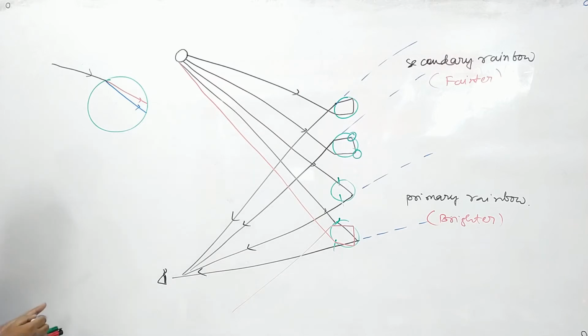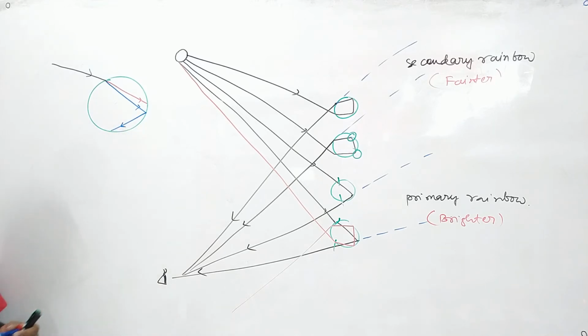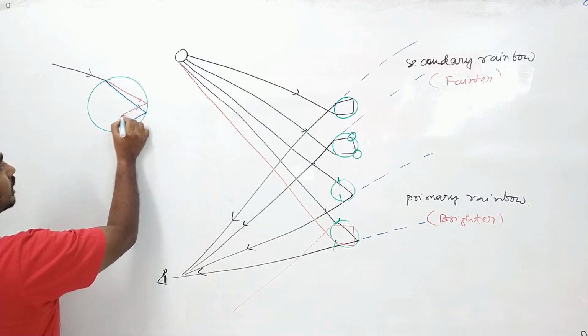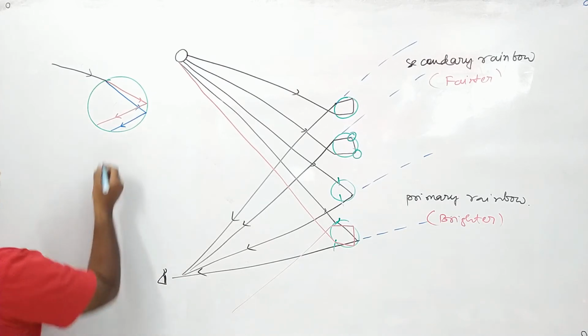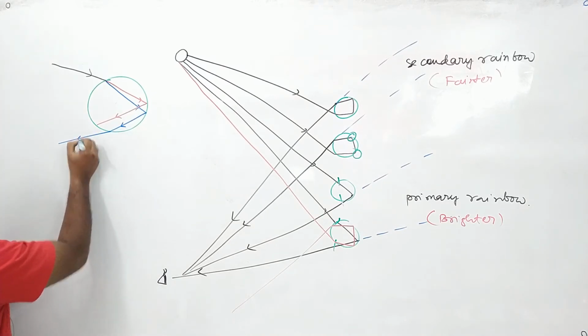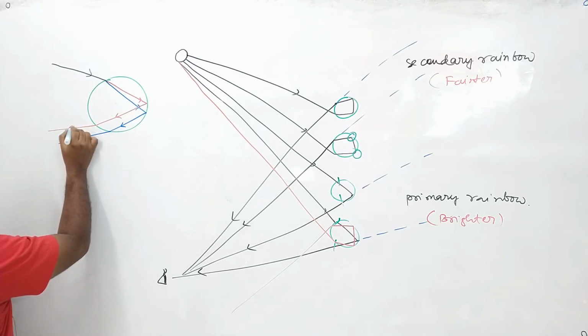Okay. Now both of them will get totally internally reflected and the blue will fall in this portion. It will also get totally internally reflected and it will fall in this portion. Am I clear? And after again getting refracted by this portion, it will go like this and this one will go like this. Okay.